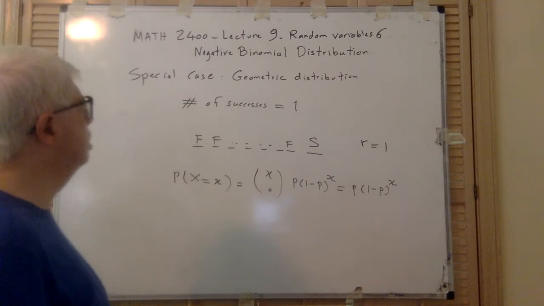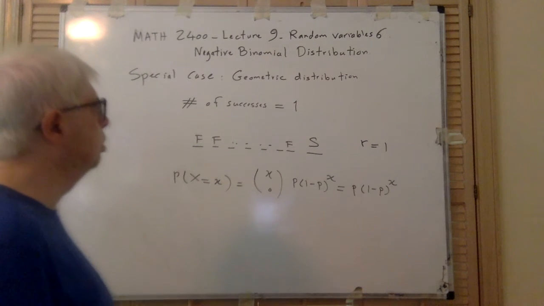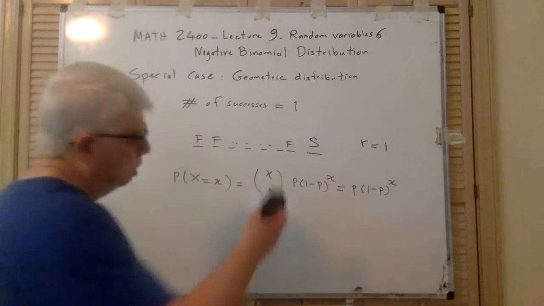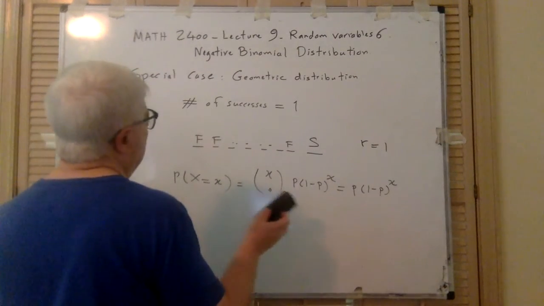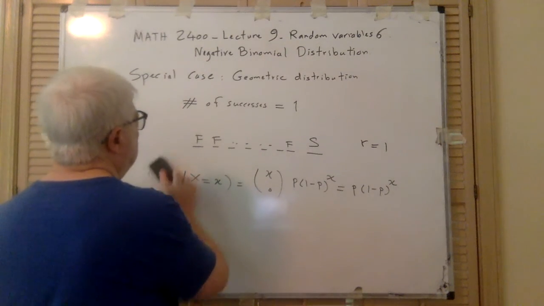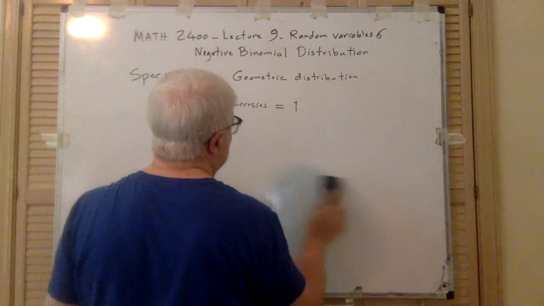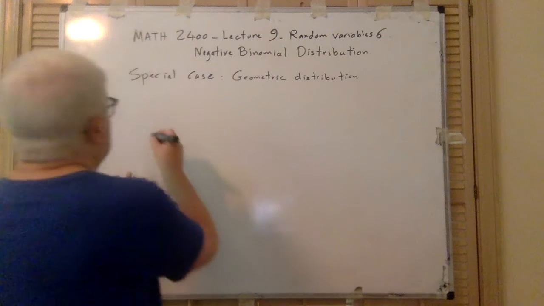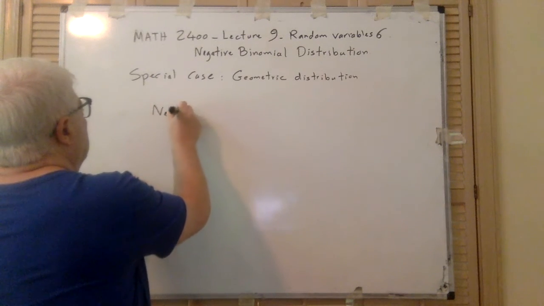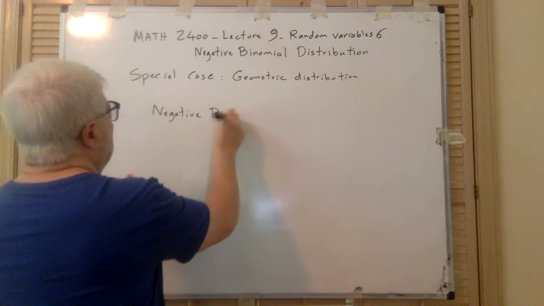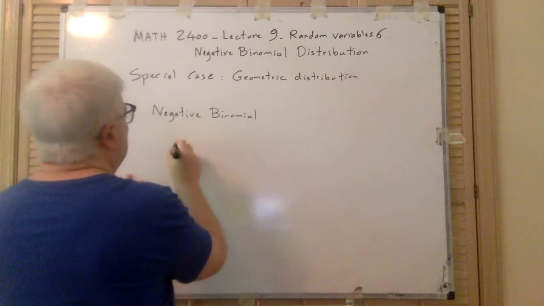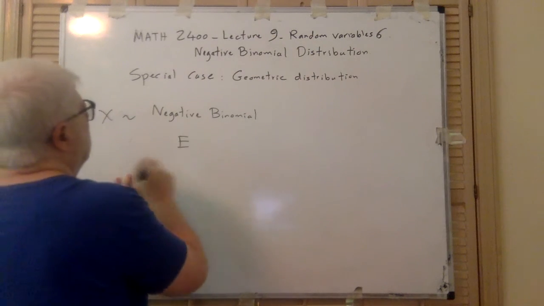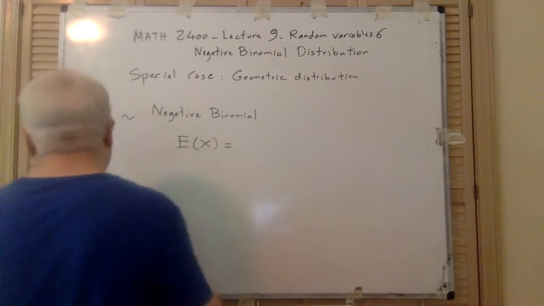Okay, so let me write down the expected value for the negative binomial, and you can just derive expected value from this, which is not that hard. And in fact, this one is easy because it goes back into maybe college algebra. You can use college algebra to find it. So for negative binomial, if x is a negative binomial, then expected value of x will be, well, let me just copy it.